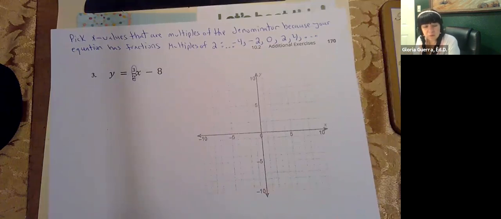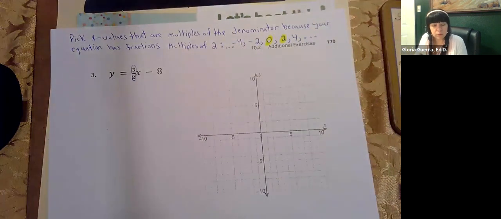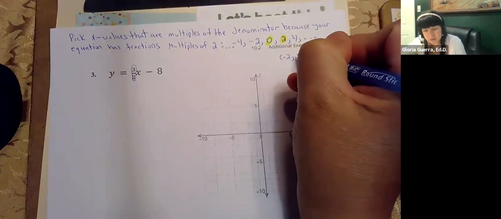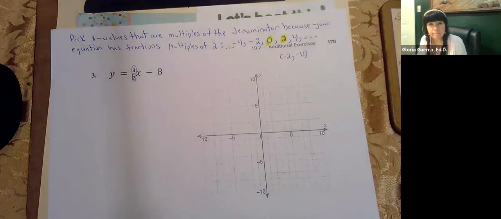So if I start with 2 first, I'm going to try 2 and 0. I didn't use -2 because -2, when I tried it, gave me -11, and it went off the grid.